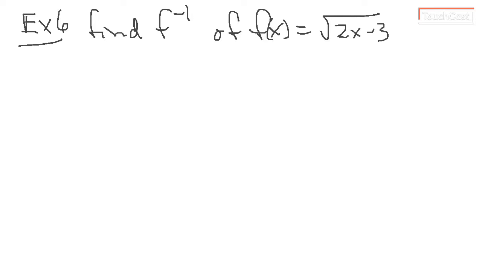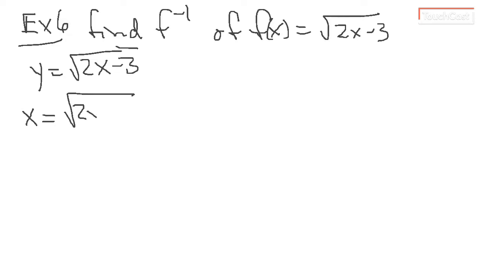So I'm going to start by rewriting this as y = the square root of 2x - 3. And now I'm going to switch my x with my y. So I'm going to have x = the square root of 2y - 3. To solve for y, what we're going to need to do is square both sides.